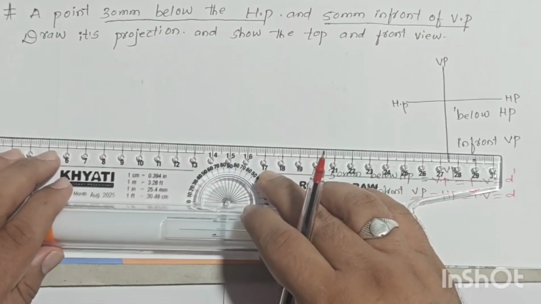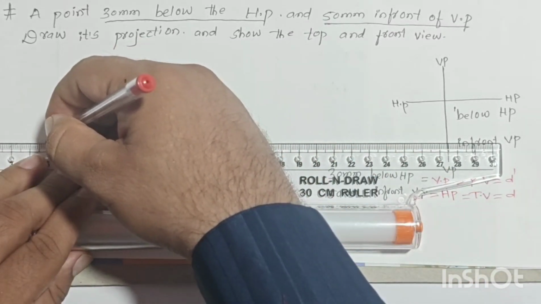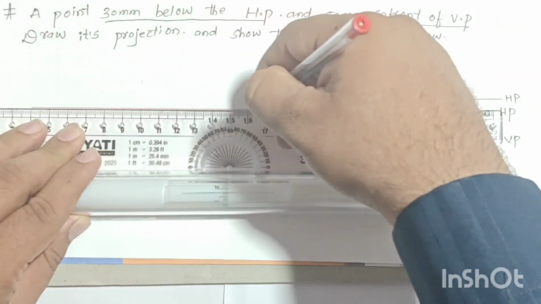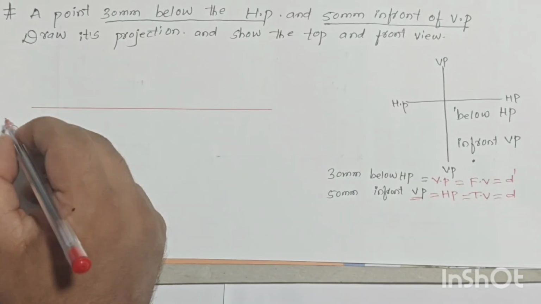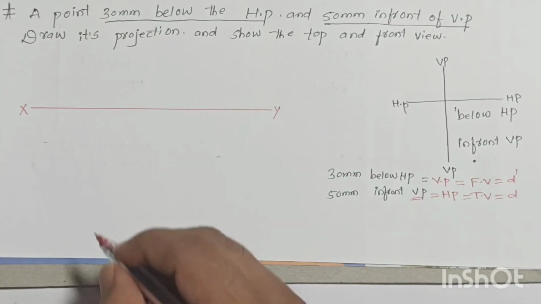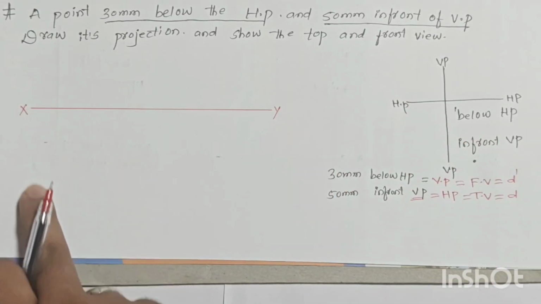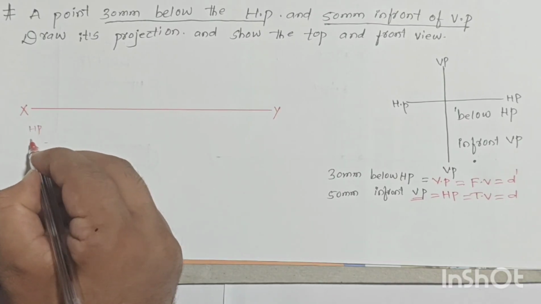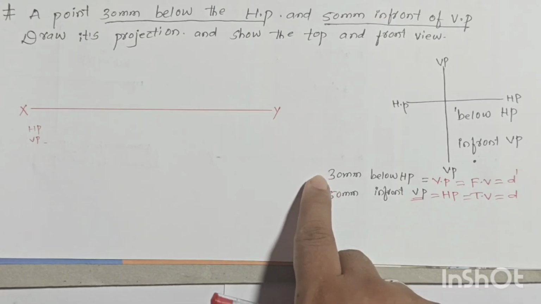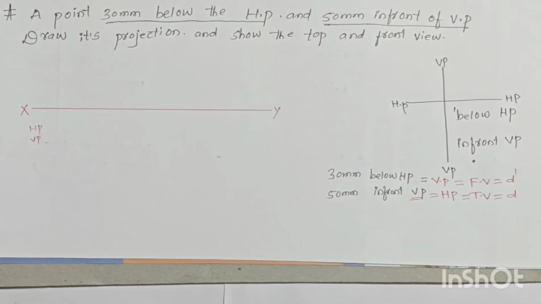First draw the reference line. Okay, represent here x and y. This x and y, what we can say, is the reference line. So we know the concept. In the fourth quadrant, HP and VP both are below the reference line. But let us see. In these two cases we have to choose the smallest value.